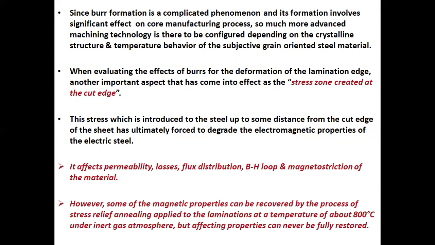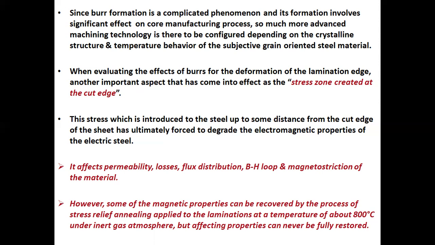This stress, which is introduced to the steel up to some distance from the cut edge of the sheet, ultimately degrades the electromagnetic properties of the electrical steel. It affects permeability, losses, flux distribution, BH loop, and magnetostriction of the material.